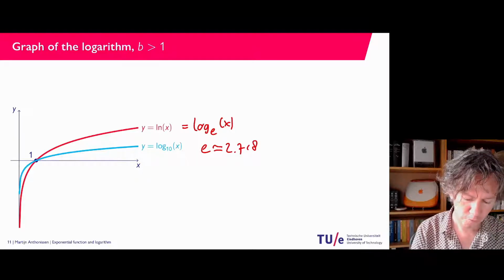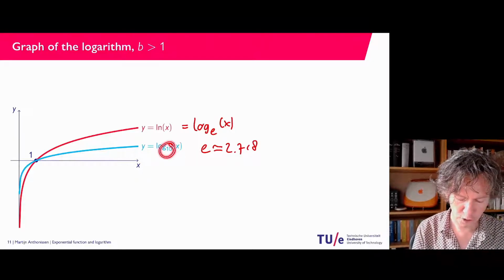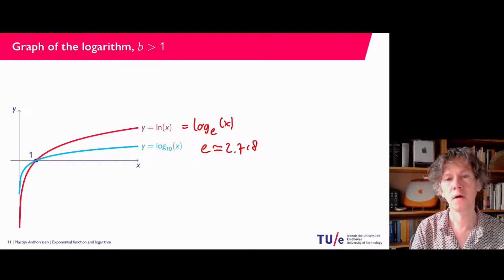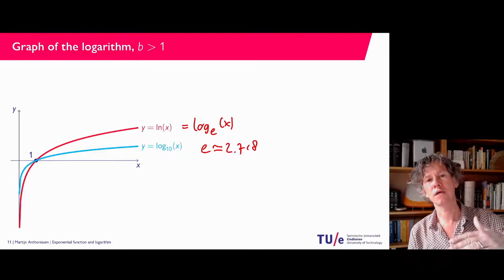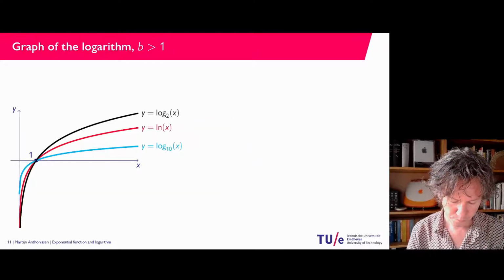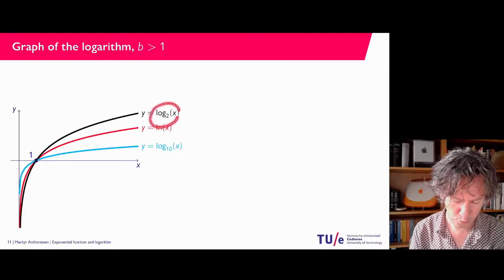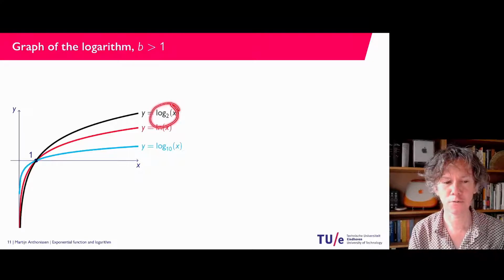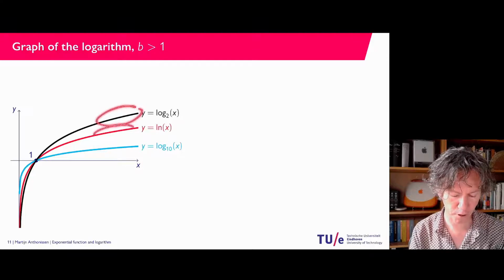So you see that if you make the base larger, you go to 10 from 2.7, then it's a bit flatter. It goes to infinity slower. If you look at log base 2, so now you decrease the base, you see that it goes to infinity faster because the black curve is above the red curve.